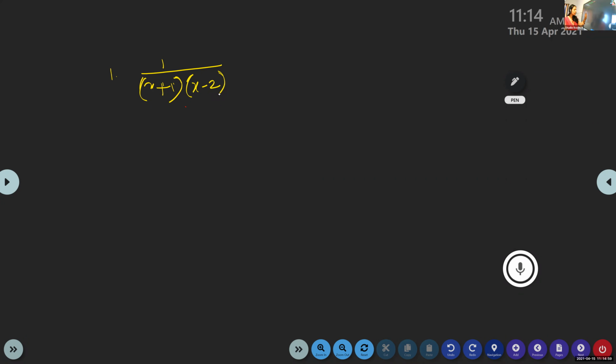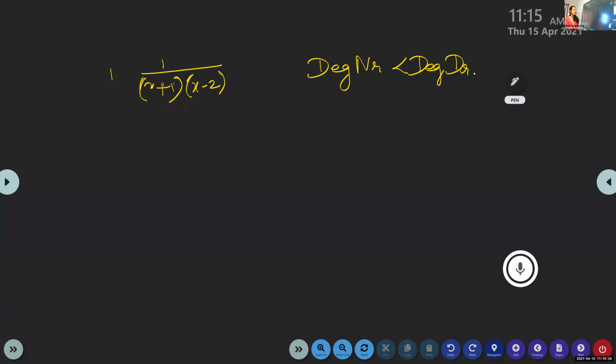Once you are given a rational function, the first thing you have to check is whether the degree of the numerator is less than the degree of the denominator. Is the condition satisfied here?